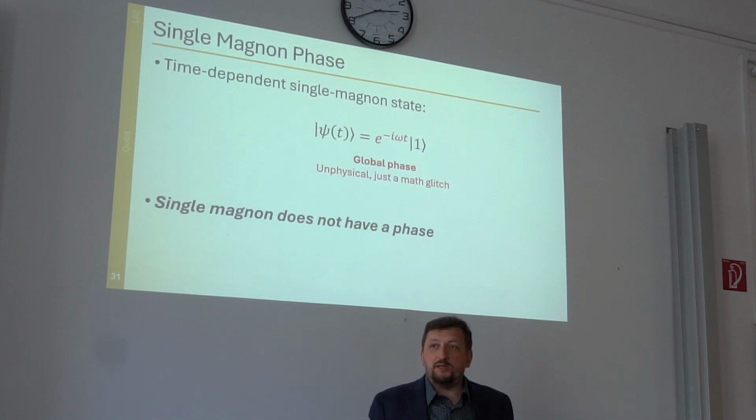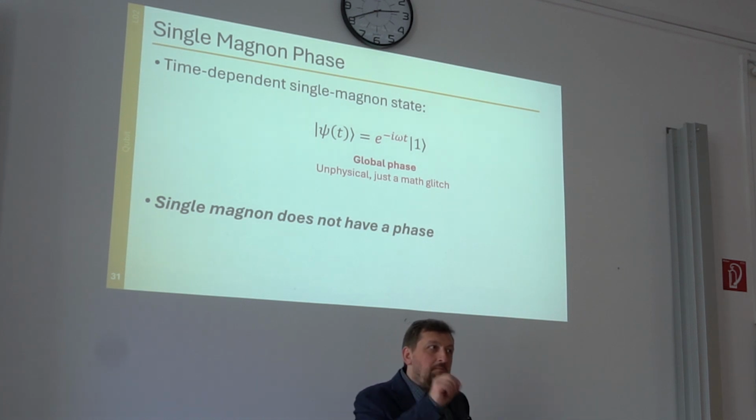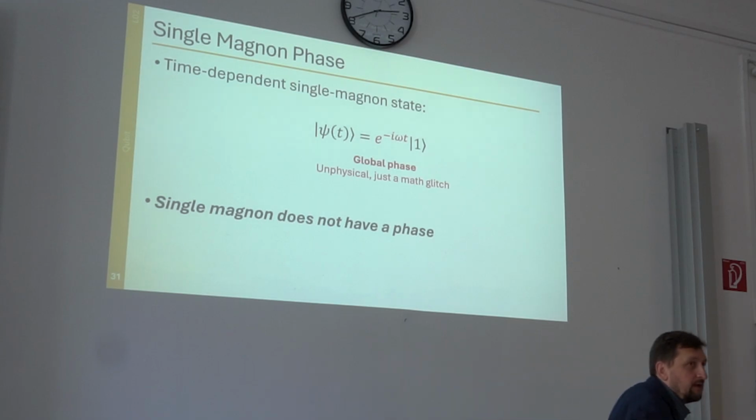This is a probability distribution. Does it change in time? No, it does not change in time. When we talk about the phase of something oscillating, we need a change in time. Otherwise, what's the meaning of the phase? So a single magnon state does not have a phase.